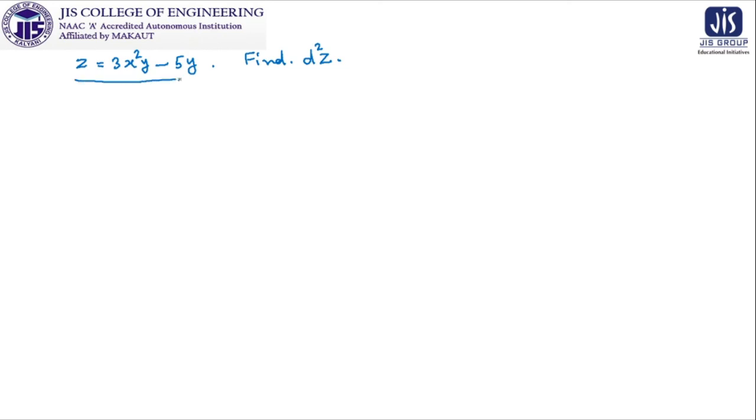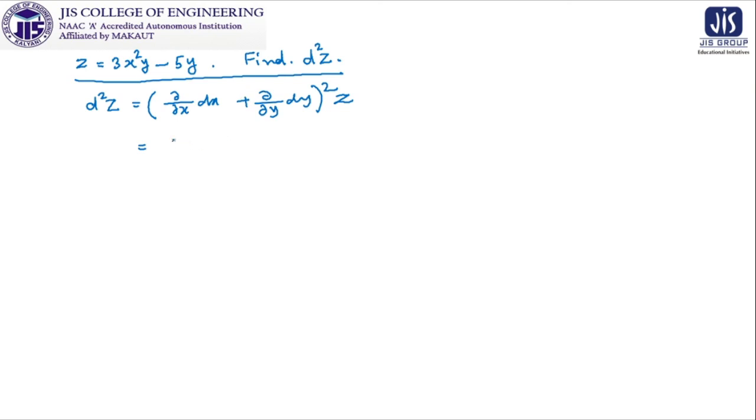Now here we are using our pre-knowledge, that is d2z is equal to (del x dx plus del y dy) whole square on z. Clear? Now if this information is identified and used, nothing is remaining basically.